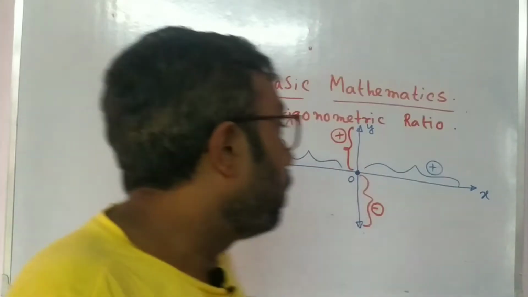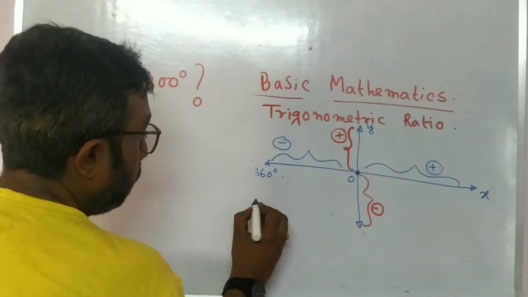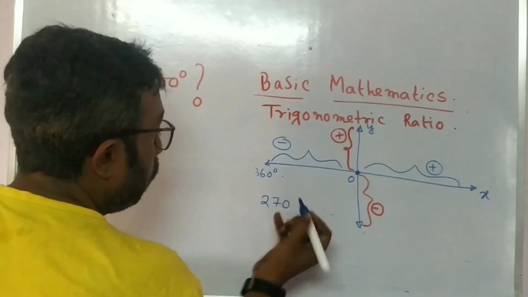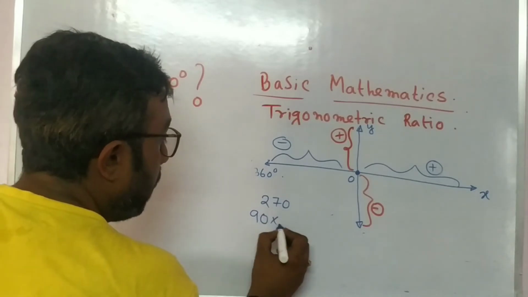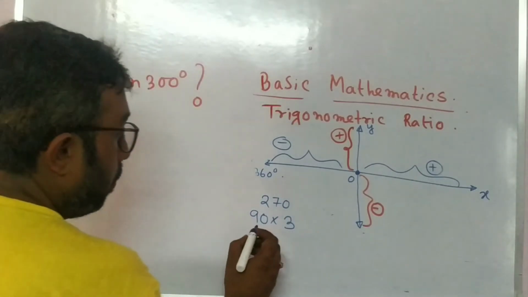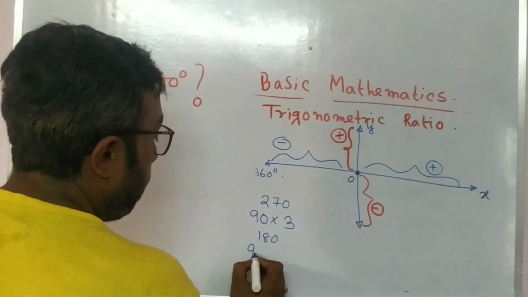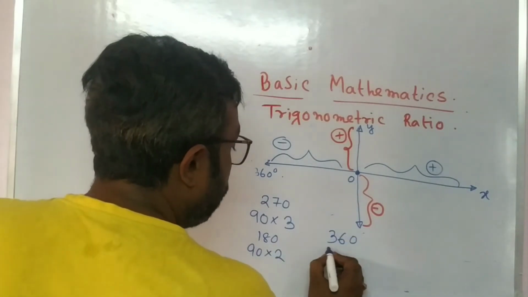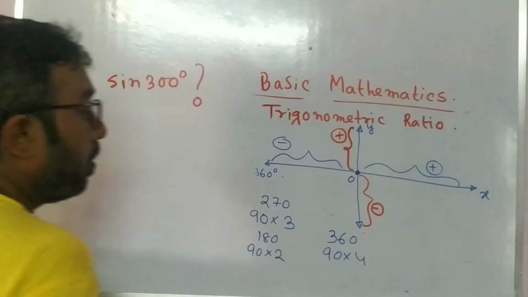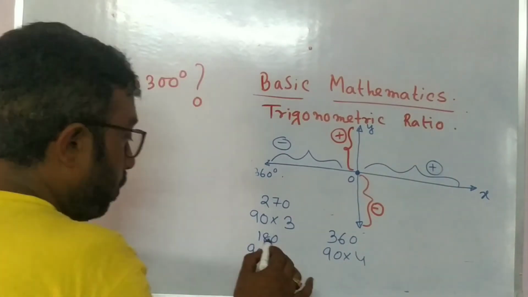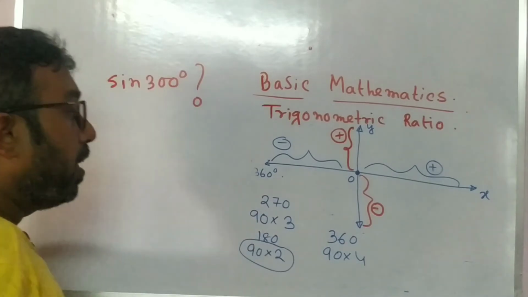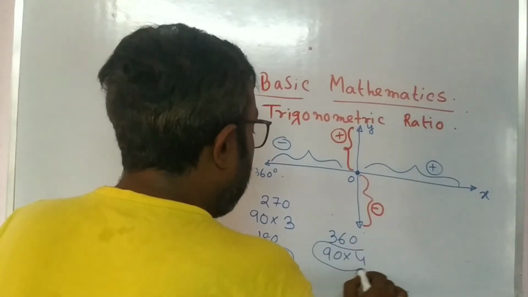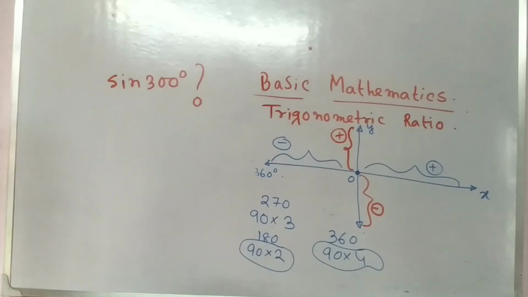Okay, now see, 270 is odd multiple of 90, but 180 is even multiple of 90. 360, it is also an even multiple of 90. When there is an even multiple of 90, the ratio will not change, but in case of odd multiple of 90, ratio will change to its complementary.